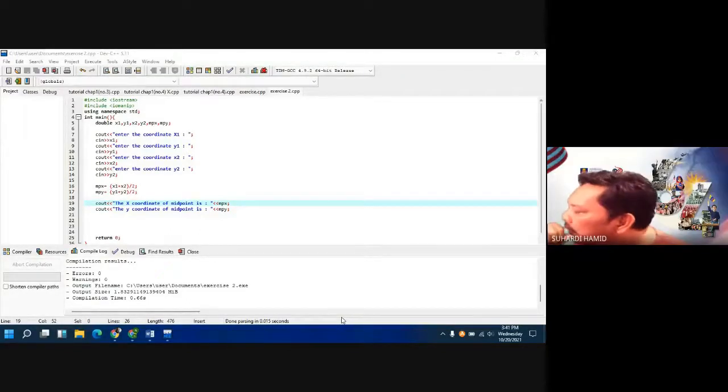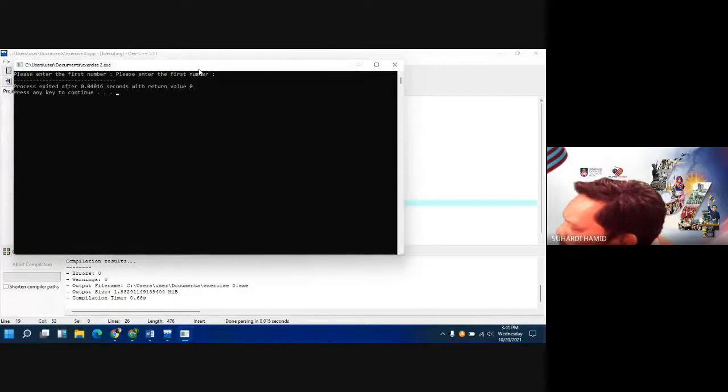Can anyone figure out why the program doesn't stop for cin? Try to run again, please. Enter first number. Hold on. Why is it enter first number?